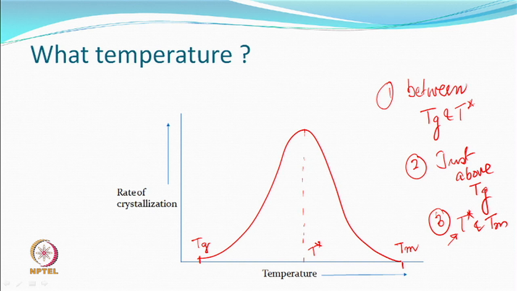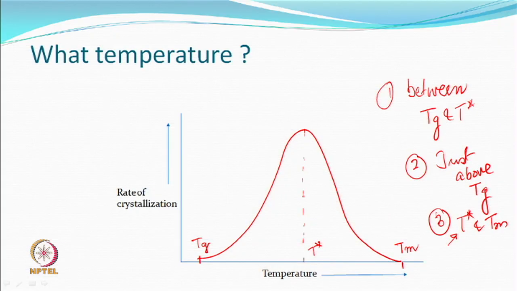But somebody may like to understand why should you not do at T star? What are you likely to lose if the temperature of the polymer is actually at T star? What are you going to lose?